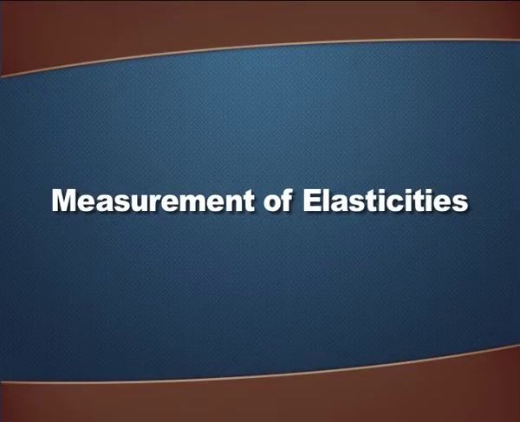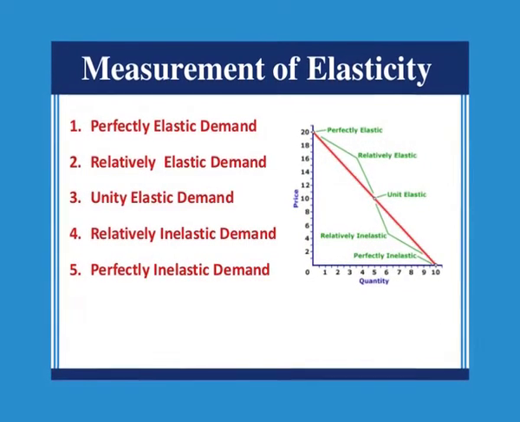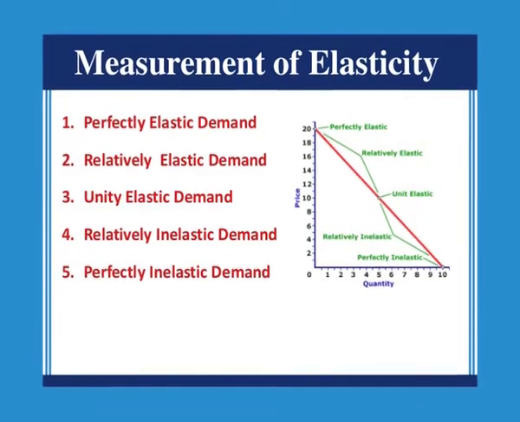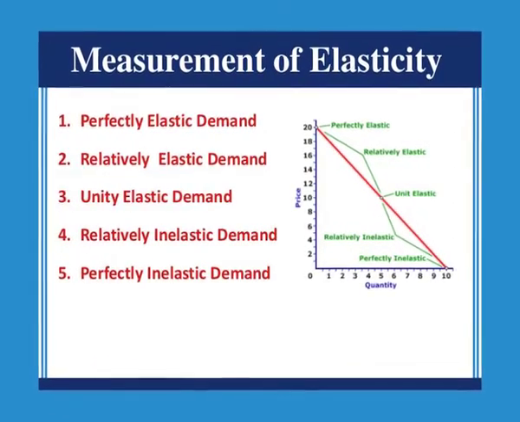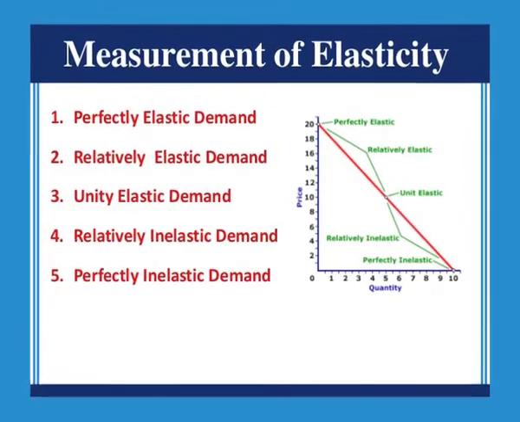Measurement of elasticities. Elasticity is the measurement of how responsive an economic variable is to a change in another variable. Elasticity can be quantified as the ratio of the percentage change in one variable to the percentage change in another variable when the latter variable has a causal influence on the former.